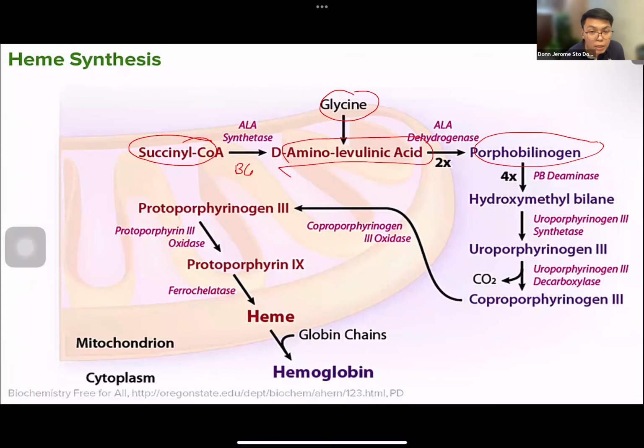Four molecules of porphobilinogen would then condense by PBG deaminase or hydroxymethylbilane synthase to form your linear tetrapyrrole, your hydroxymethylbilane.